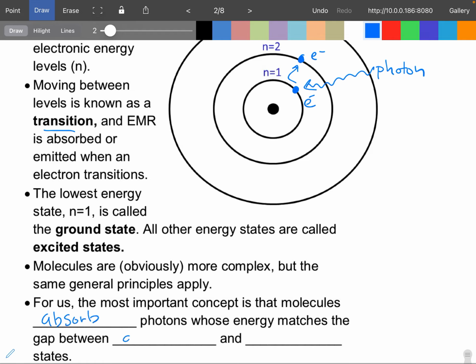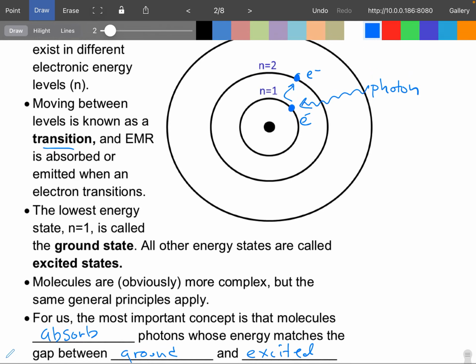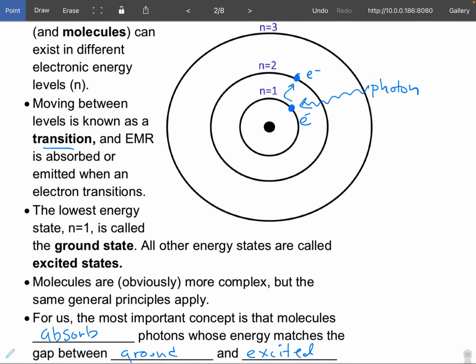In this particular example, there is an energy difference between n equals 1 and n equals 2, and the only photon that can cause the transition, the excitation of this electron, is a photon whose energy matches that difference. If we wanted to promote this electron up to n equals 3, we would have to have a photon of the energy that matches that greater gap there, that higher energy photon in that case.